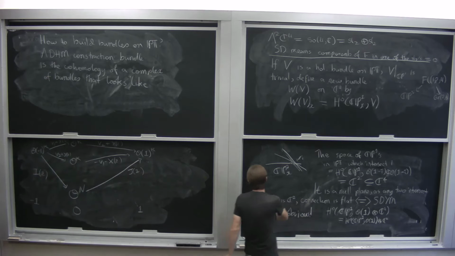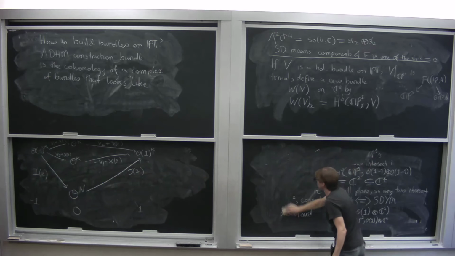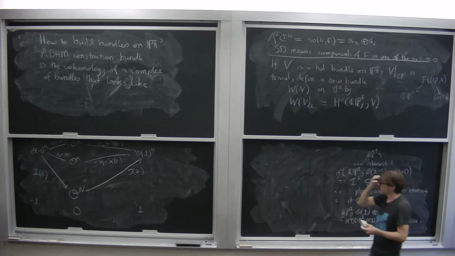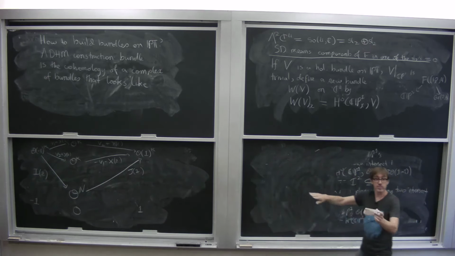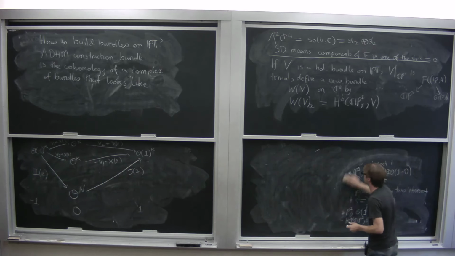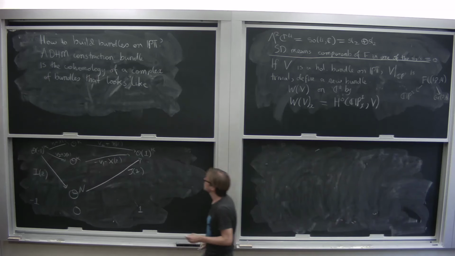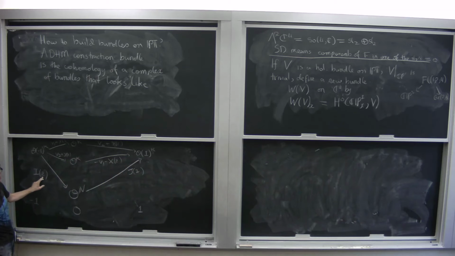I'm not trying to write down the most general bundle on twistor space, because part of the constraint they had was that as you go off to infinity, your bundle should look like the trivial bundle, because as you go off to infinity, you should get the trivial instanton. So that's why I said that these matrices X, Y, I and J only depend on Z and not on V1, V2.